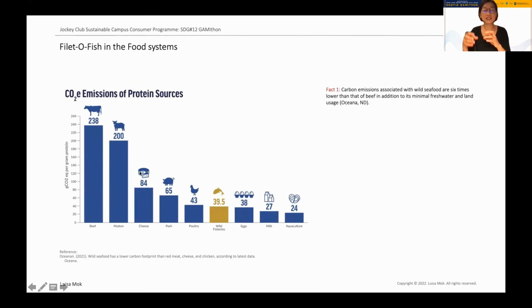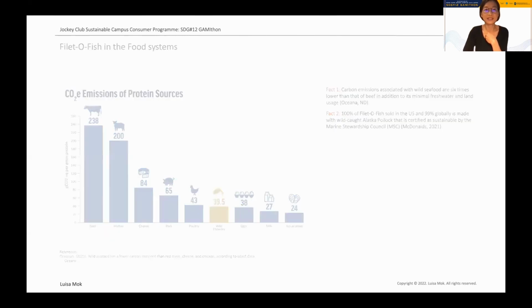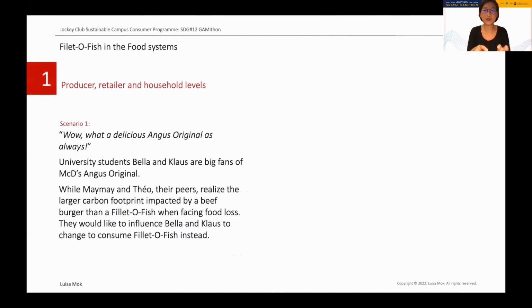So you can see that eating fish should be more sustainable regarding the land use, regarding the natural resources consumption. Okay. And then the second fact is I have told you that the fillet inside is made from sustainable fish. So it is a quite good option to eat. Okay, so back to this scenario.